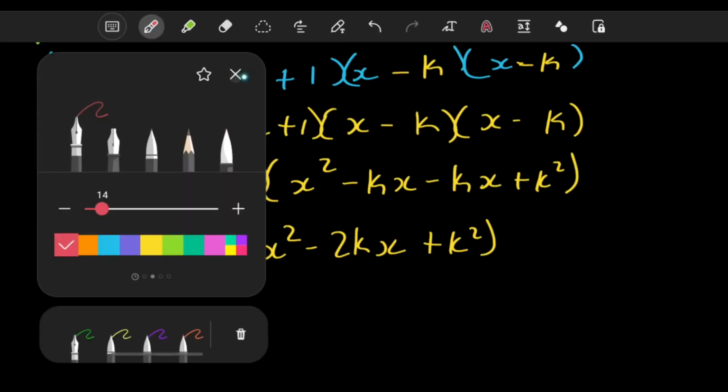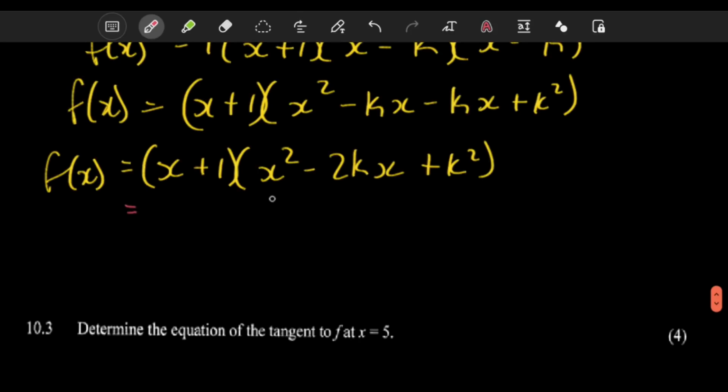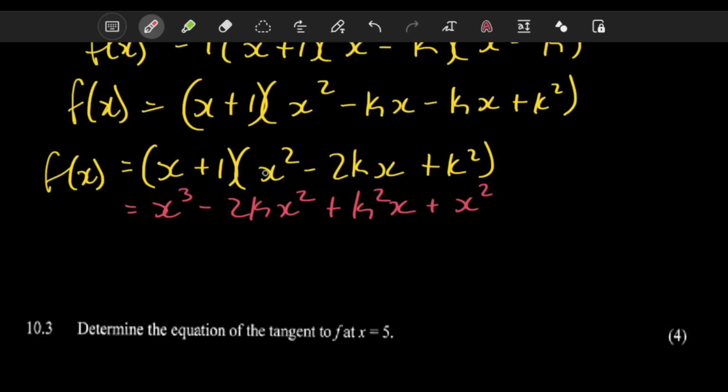Multiplying by the x plus 1, x times that gives x cubed, then 2kx squared, then k squared x, and then 1 times the x squared, 1 times negative 2kx, and then k squared.